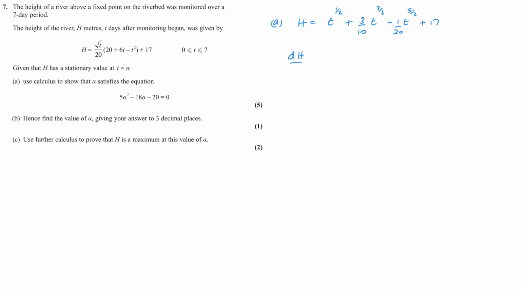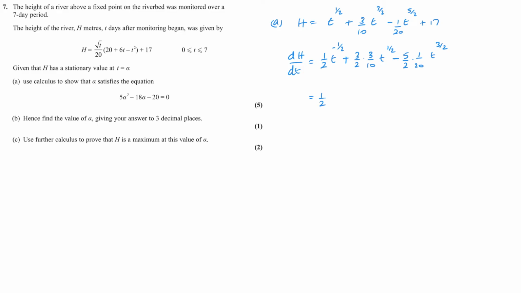So dh by dt is half t to the minus a half plus 3/2 times 3/10 t to the half minus 5/2 times 1/20 t to the 3/2, and the 17 will disappear.